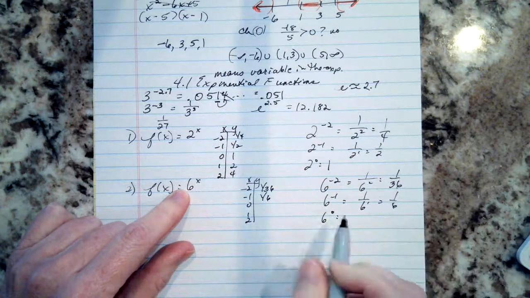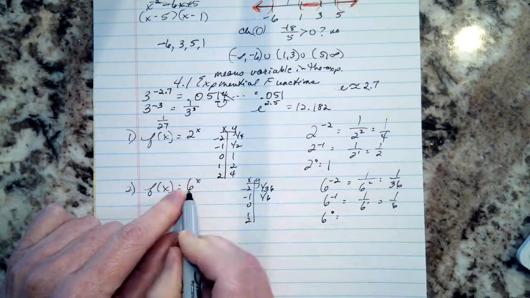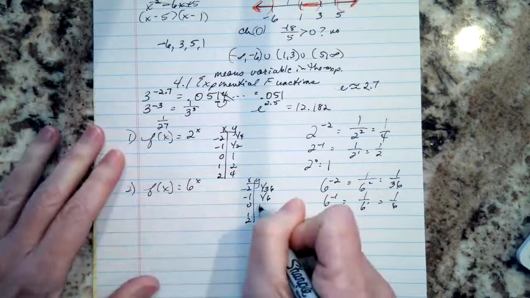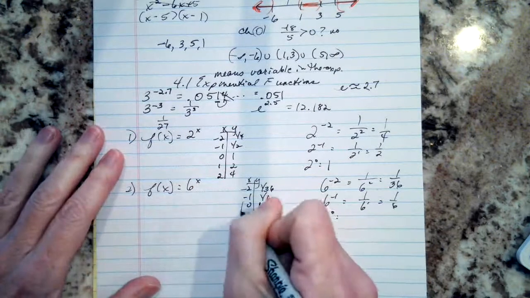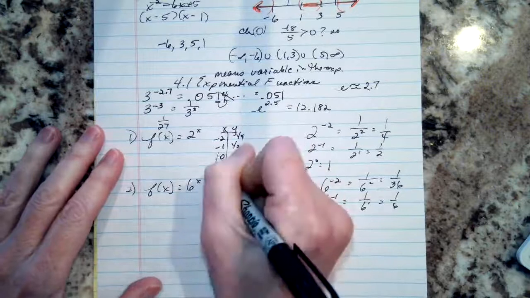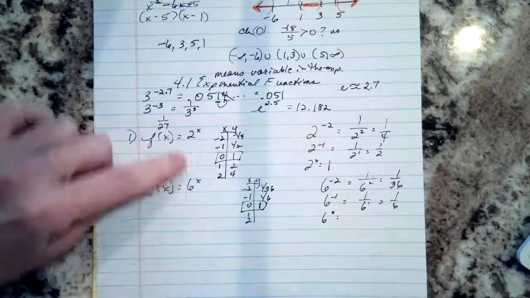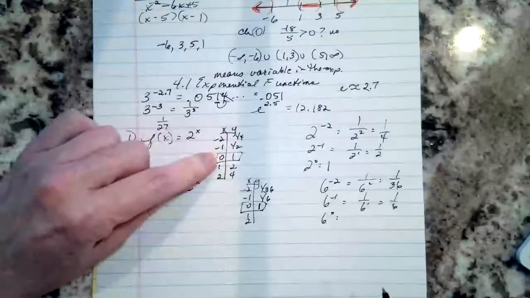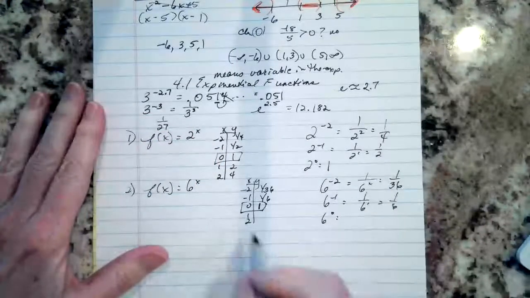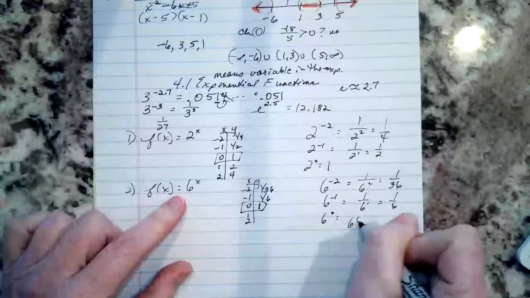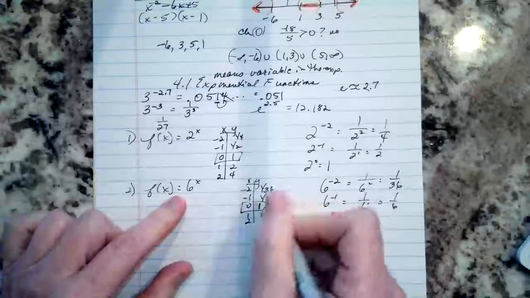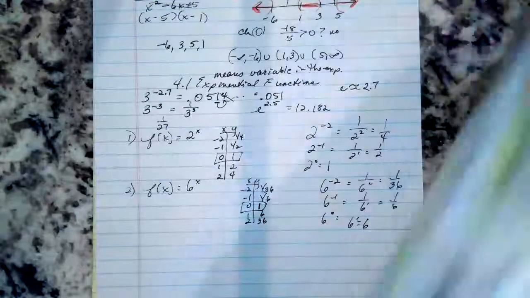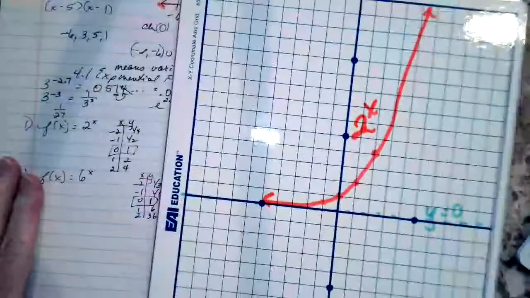And then 6 to the 0 power, remember, any base raised to the 0 power will give you a 1. That's why this 0, 1 is going to be with us on all of these, because we're just taking a base number and raising it to a 0 power. So we're always going to be going through 0, 1. Then 6 to the 1st power is just 6. And then 6 squared is 36. Okay, let me grab my old guy here and let's look at those numbers.